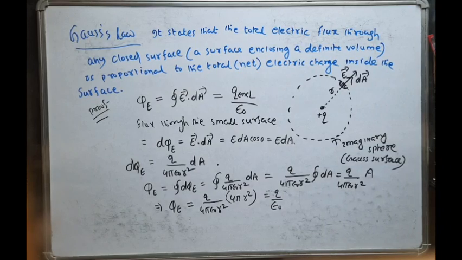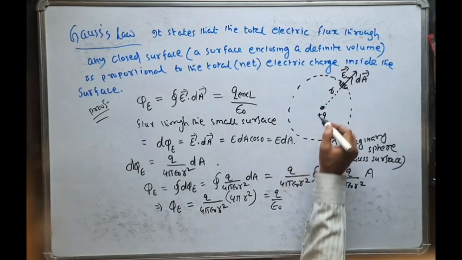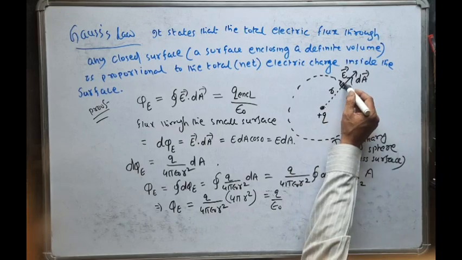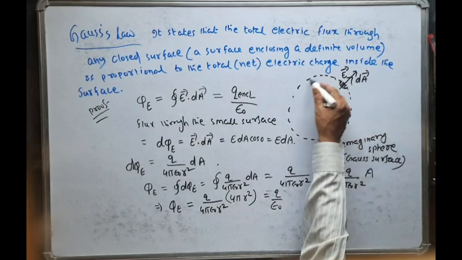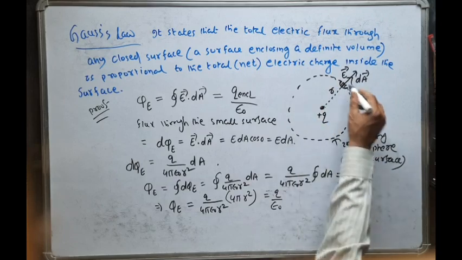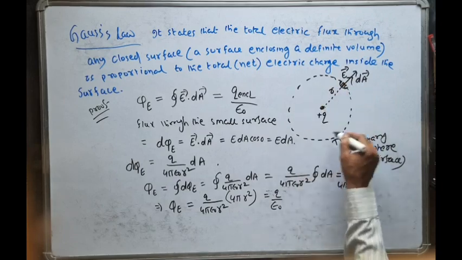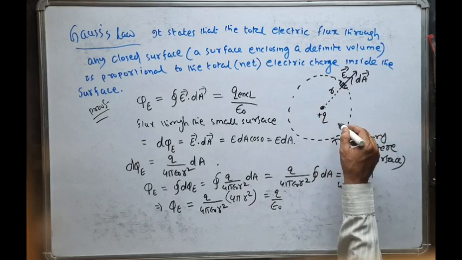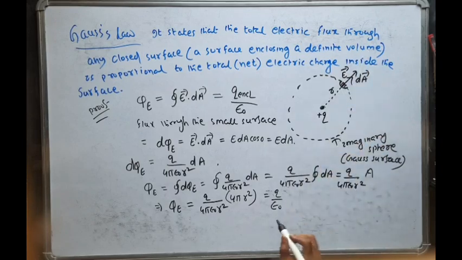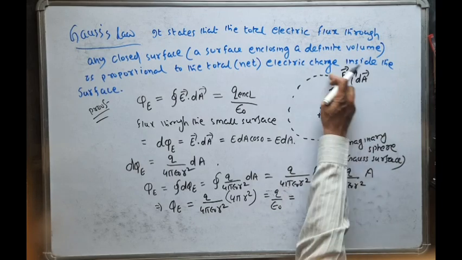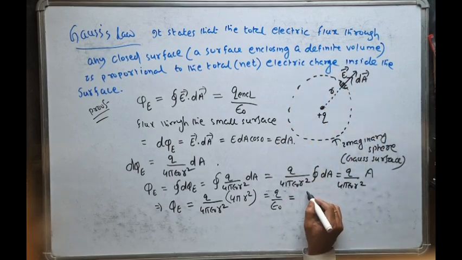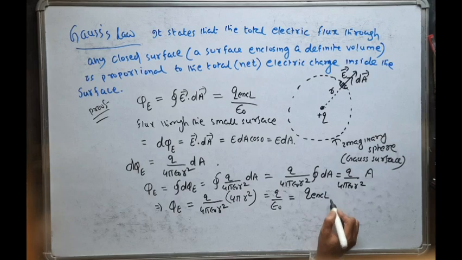So this is the flux due to a point charge, and we are finding the total flux through this whole Gaussian surface, the whole imaginary closed surface having some definite volume, equal to q by epsilon naught. What is q? Q is the charge enclosed by this Gaussian sphere. So I can write it as q enclosed, the total charge enclosed by the sphere, divided by epsilon naught.